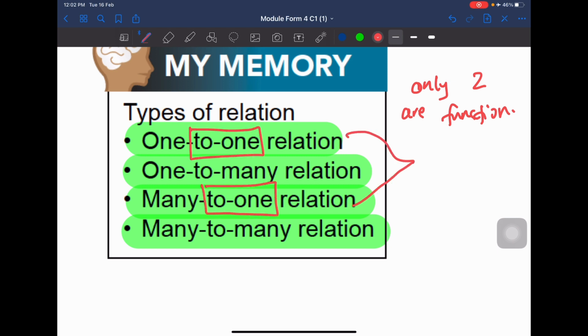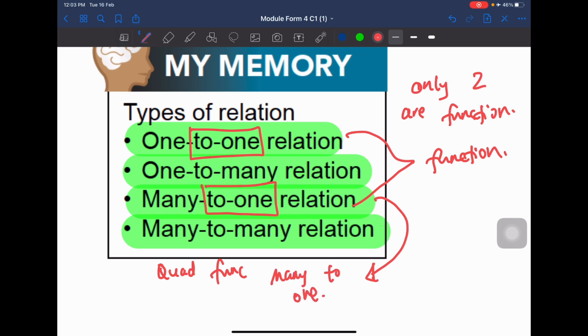So these two are functions. Okay, baru function, bukan quadratic function. Tapi untuk quadratic function, relation dia hanyalah many to one.